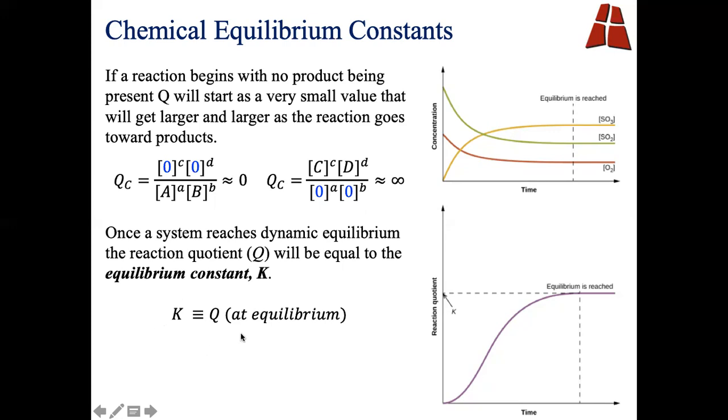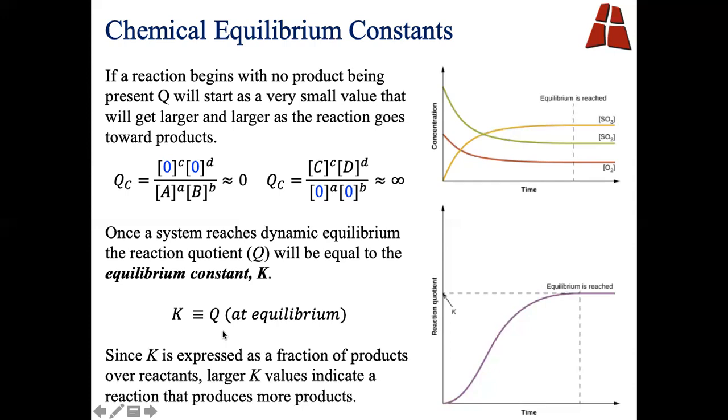So K and Q are just the same exact thing, but one is at equilibrium and one is not at equilibrium. Okay, and so that is how they are defined. And K, again, is going to be a fraction of our products over reactants. A larger K value indicates that a reaction will produce more products, whereas a smaller K value will produce fewer products. Okay, hopefully that makes some amount of sense.